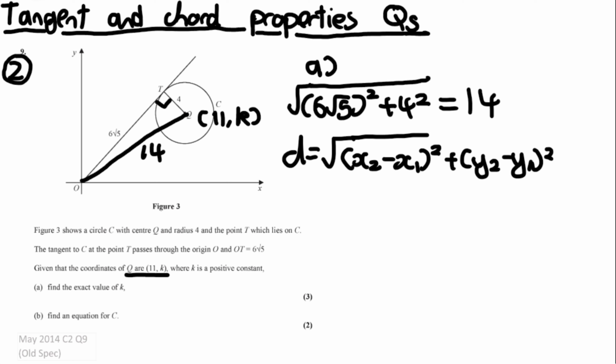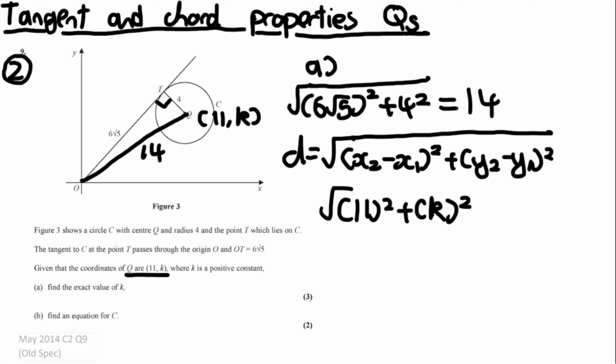You can set up a distance formula between these 2 points, and you can say that it is the square root of 11 minus 0, so it's just going to be 11 squared plus k minus 0, which is just k squared, and all of this is going to be equal to the distance between the 2 points, which we know now is just equal to 14.